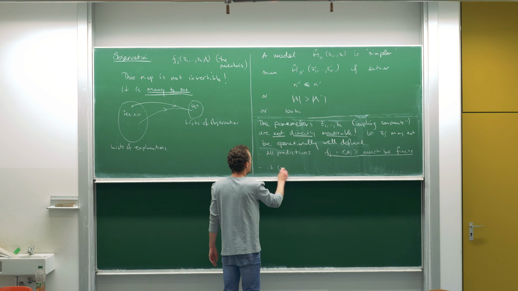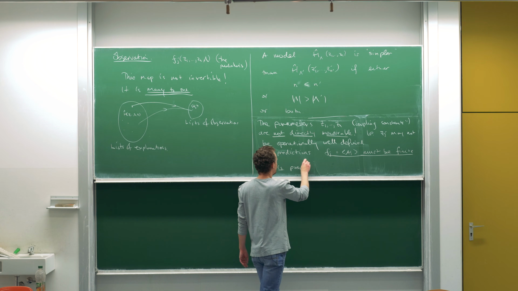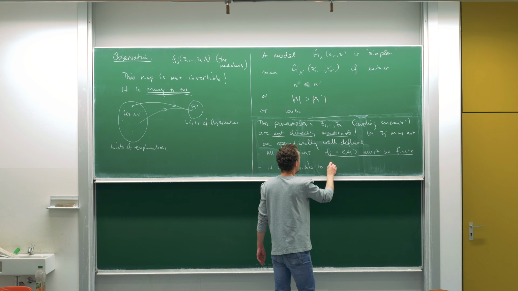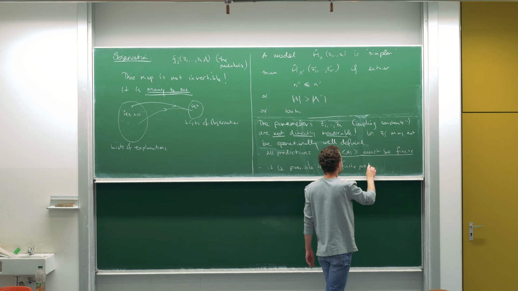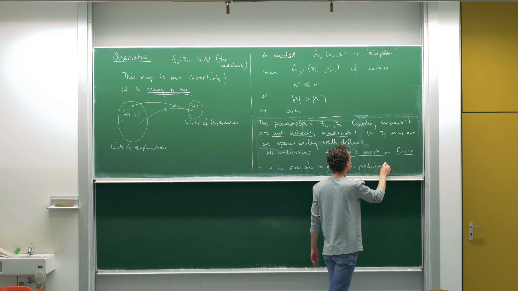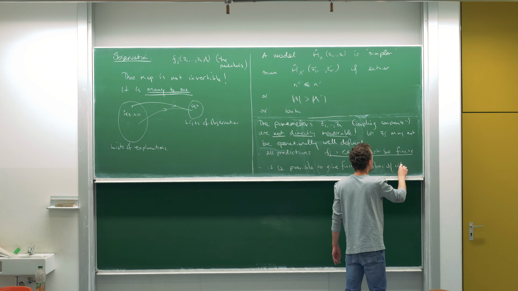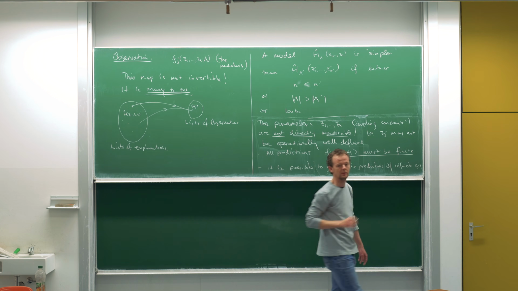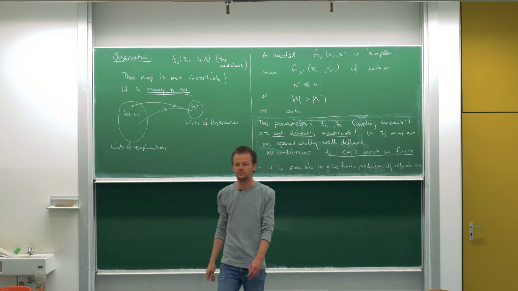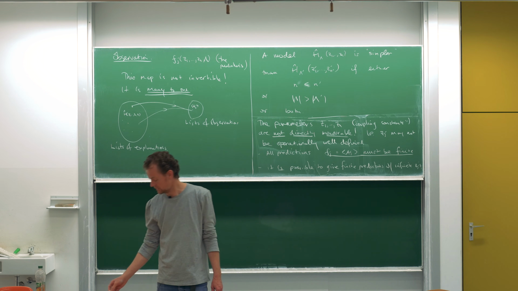It is possible to give finite predictions with infinite Zs. It's a second trivial observation. Just think of the inverse temperature, right?